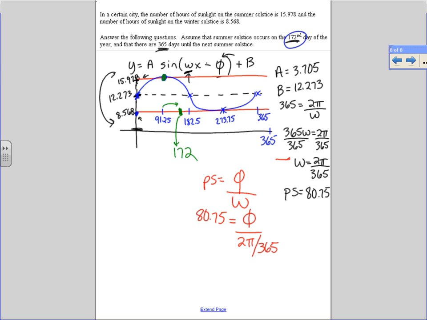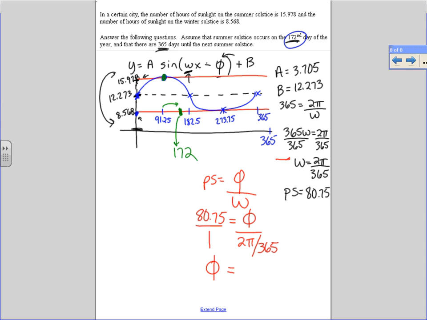Now what we're going to do is just cross multiply. So 1 times phi is phi. When I'm calculating 80.75 times 2 pi over 365, it's not going to let you use a decimal. It's going to make you do it in terms of pi.